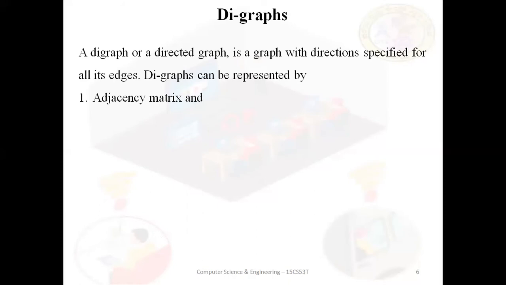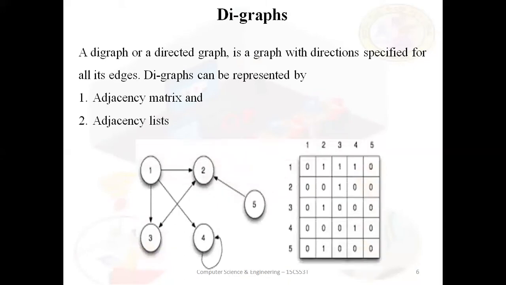So digraphs can be represented either by using an adjacency matrix, or by using adjacency lists. Have a look at a directed graph, where we are representing it by using an adjacency matrix.